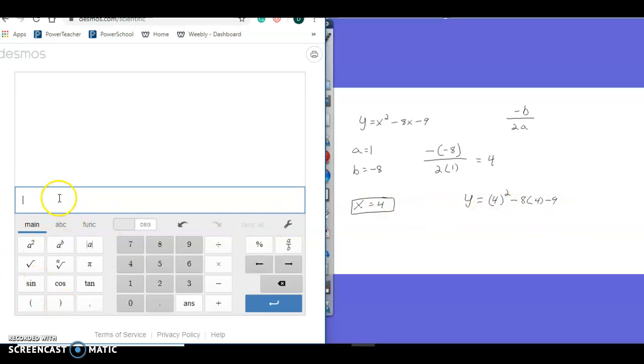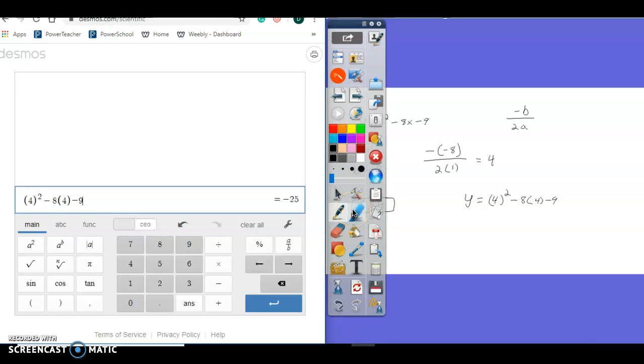Just type it in exactly as you see it. So parentheses 4 squared minus 8 times 4 minus 9. And that gives us negative 25 as our y value.